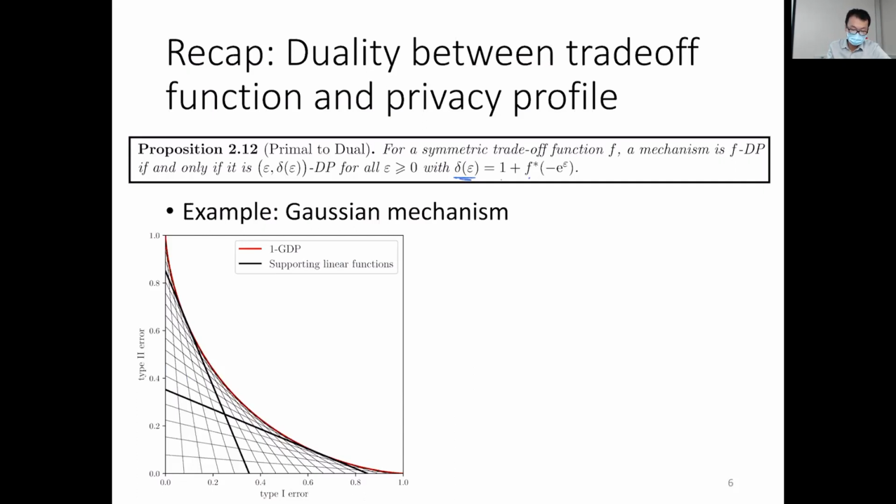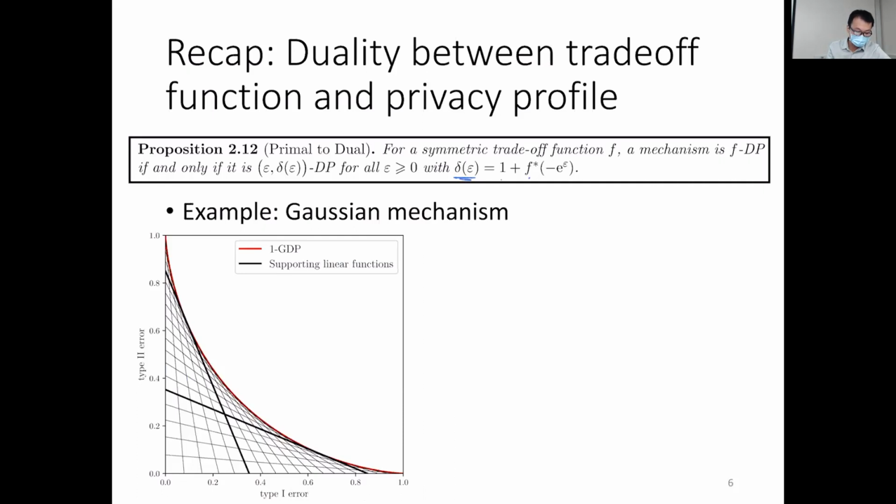It might be a bit difficult to understand from this direction, but now let's see how we can go from the dual to the primal by thinking about how we can represent this f using the family of all epsilon delta DPs. From this figure, it is pretty clear.